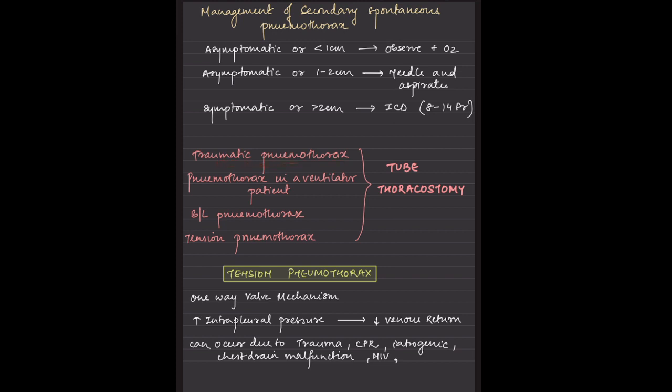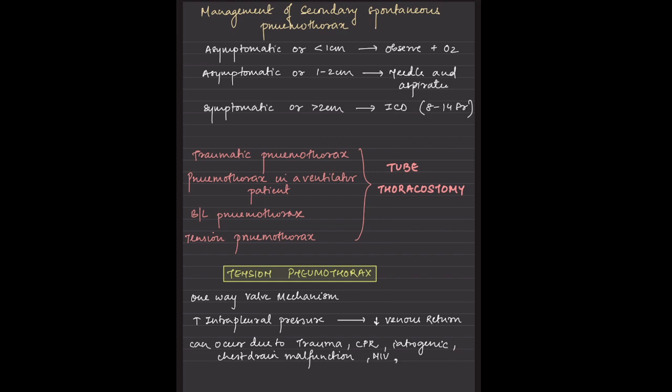Okay, coming to tension pneumothorax, we've already seen that what happens in tension pneumothorax is there is a circulatory collapse, because the lung is here and the heart is here, and the other lung is here. Now the lung which is filled with air pushes the heart, and then the heart circulation is compromised, and that will lead to circulatory collapse.